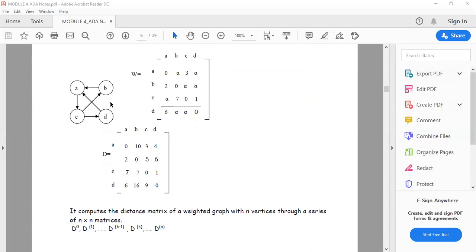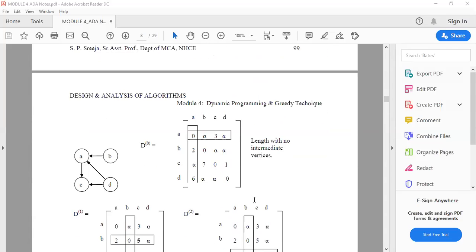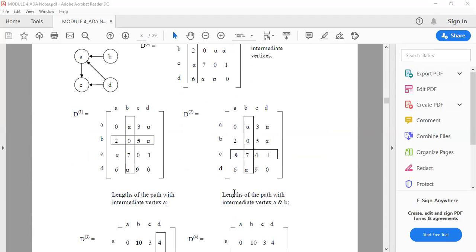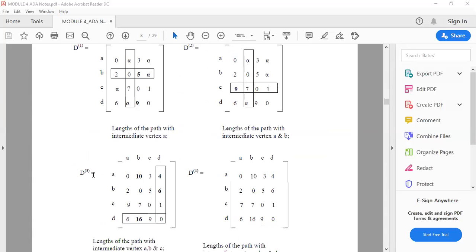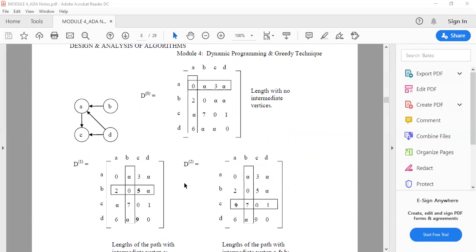For the graph, these are the values taken directly from the graph. Now you need to calculate for each one, D0, D1, D2, etc. Each time you consider a particular matrix, you will know which are the intermediate vertices. So this is what has been given.